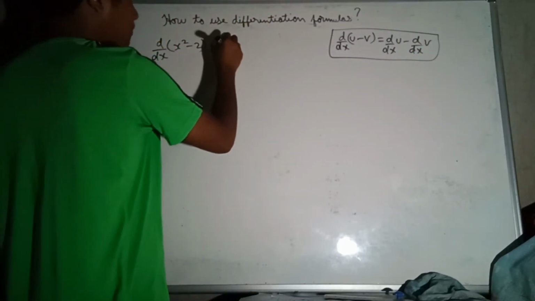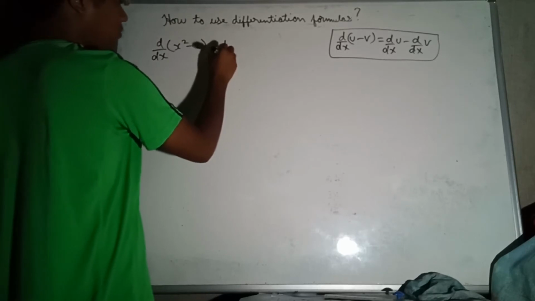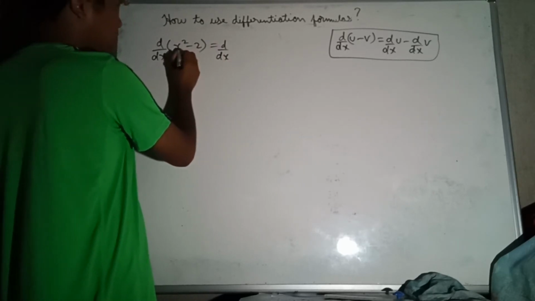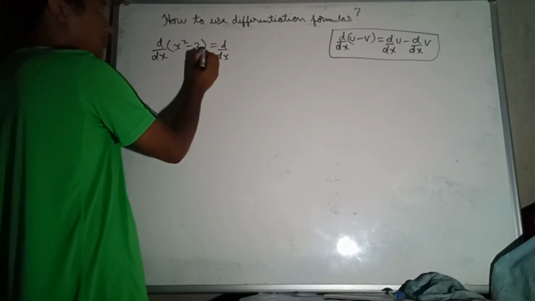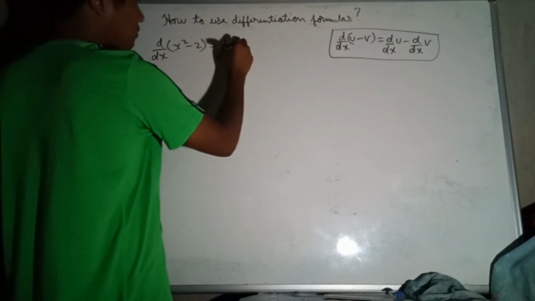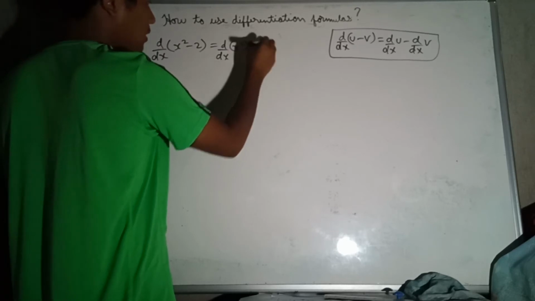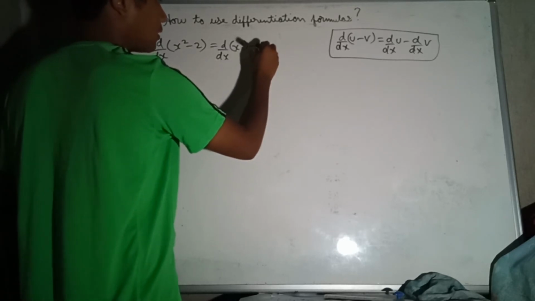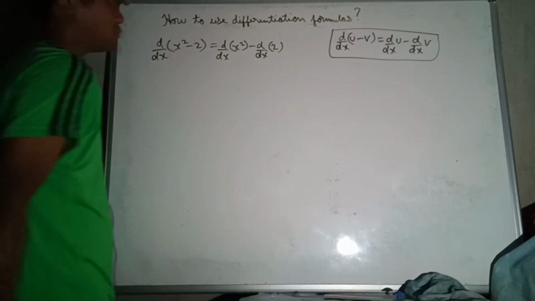So this is equal to d/dx of u, where u is x squared and v is 2. So d/dx of x squared minus d/dx of 2.